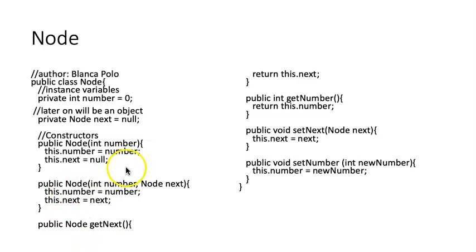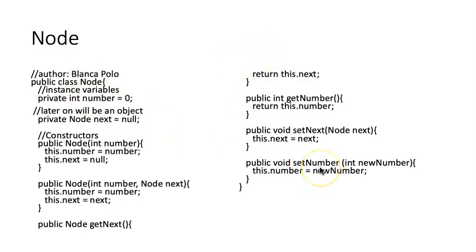Because in order for us to link to something else, we have the setNext method, which will allow us to actually connect a standalone node with another node, right? And we have also a getNext method, which is going to return the next element, the element that this node has a reference to. And then we have the set number. In this case, it's set number. It would be much better if it were actually called set info, right? But in this case, just to keep it tight and clean, we're going to have a node that has a number.